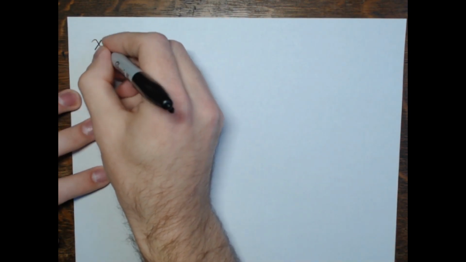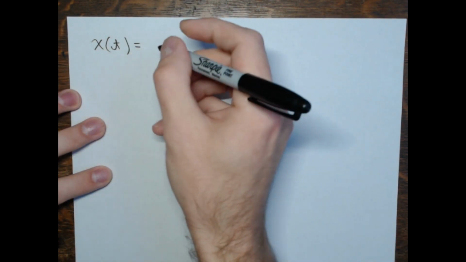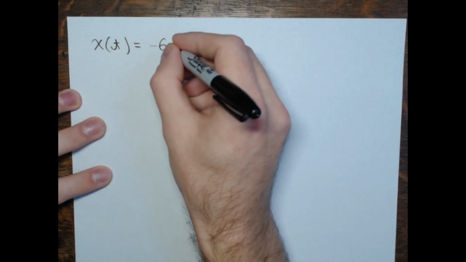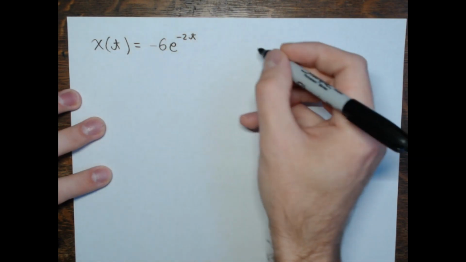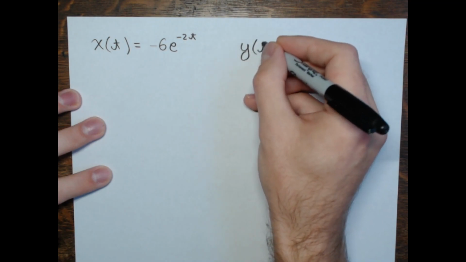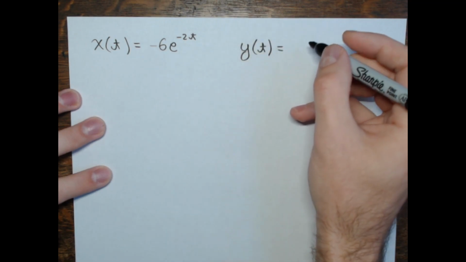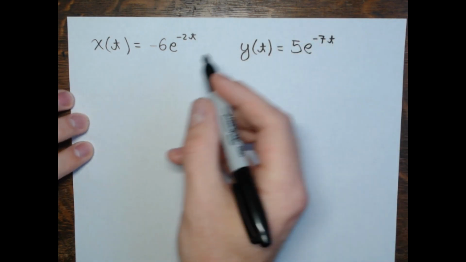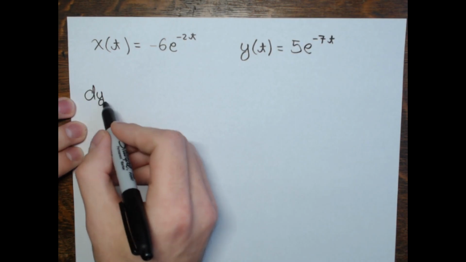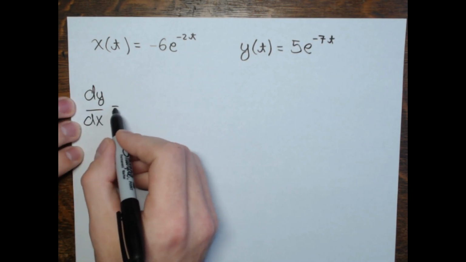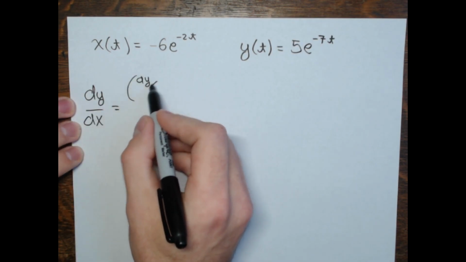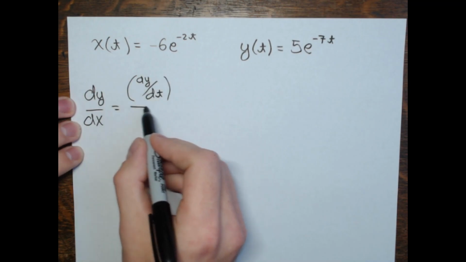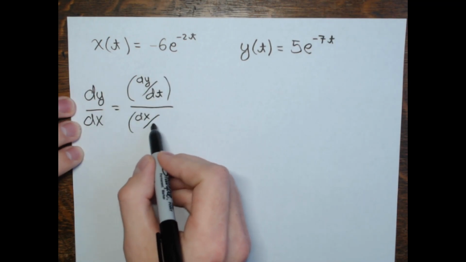So here are the parametric equations. x of t is negative 6 times e to the negative 2t, and y of t is 5 times e to the negative 7t. Again, first derivative, dy/dx: the derivative of y with respect to t divided by the derivative of x with respect to t.